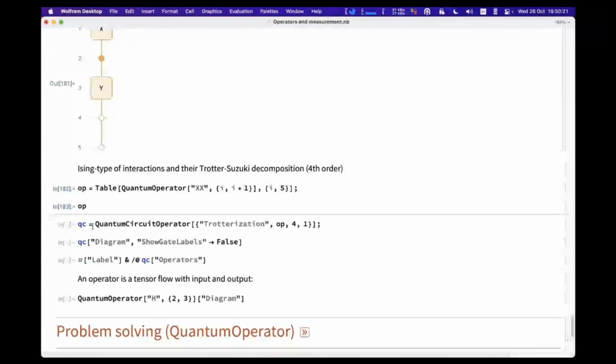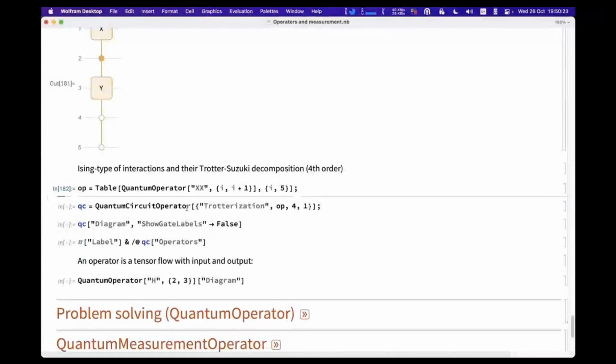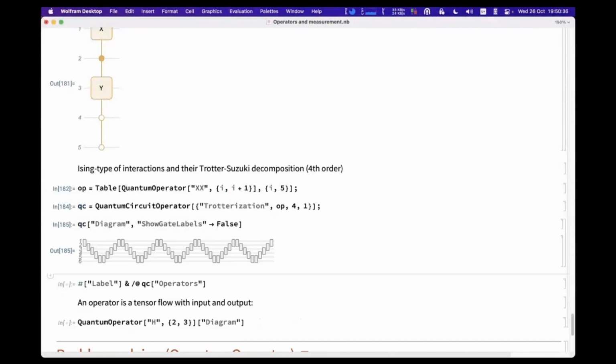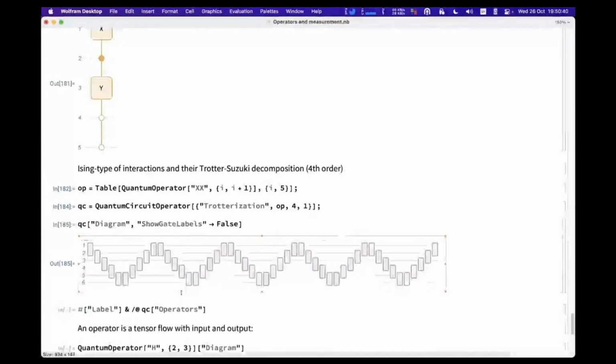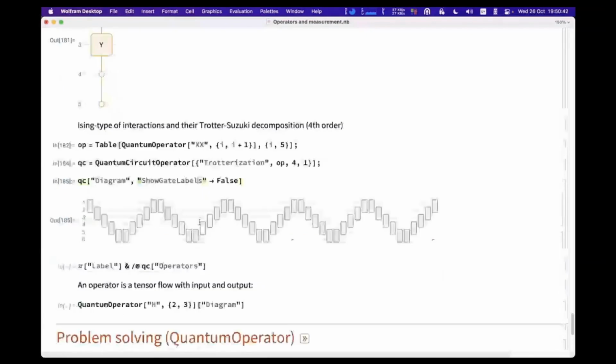It's easy for us, we can compute it exactly. But it doesn't mean there is a circuit out there representing the same thing. The biggest challenge is what is the circuit resembling the time evolution of an operator or a collection of operators? The Suzuki-Trotter decomposition helps you to construct a circuit mimicking the time evolution.